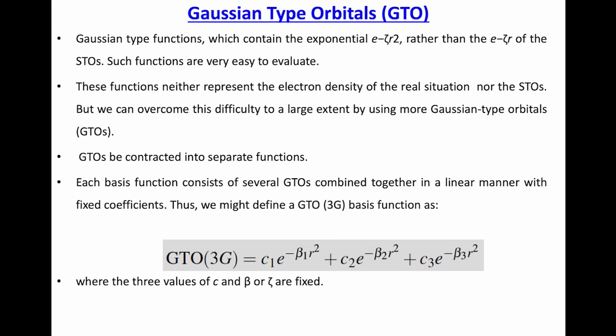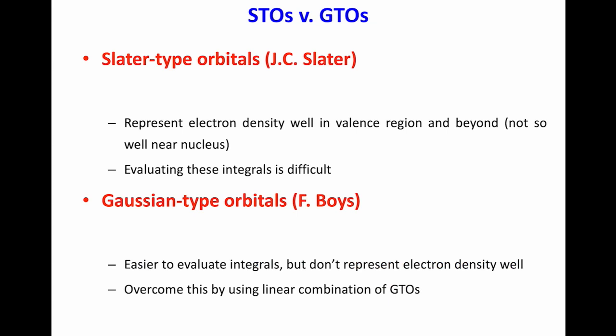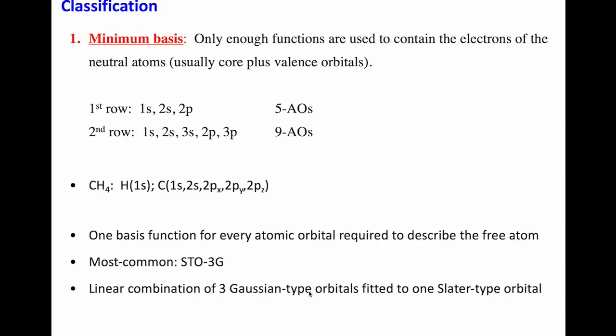So a simple basis function is STO-3G. STO means Slater type orbitals, which represent the electron density well in the valence region and beyond, but evaluating integrals is difficult. Gaussian type orbitals make it easier to evaluate integrals but do not represent electron density well. This is overcome by using a linear combination of GTOs.